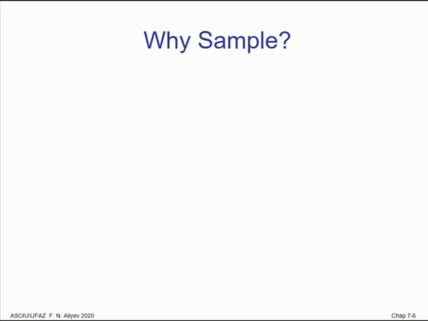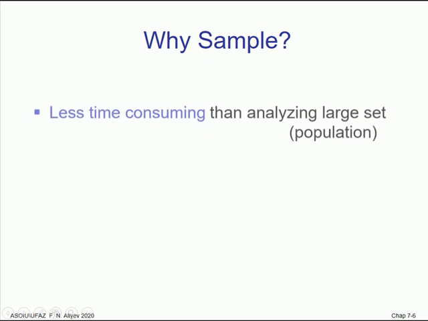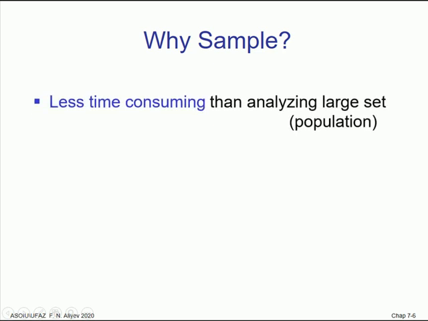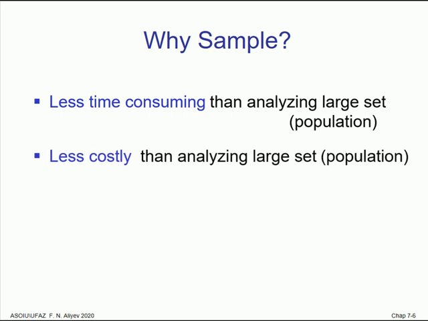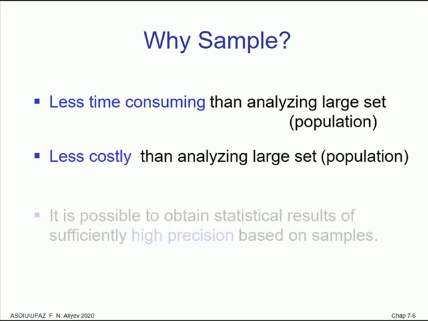Let's now try to understand why we use a sample. First, a sample is less time consuming than analyzing the large set, and less costly than analyzing the large set.